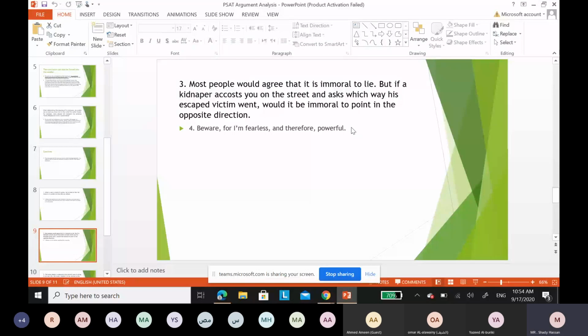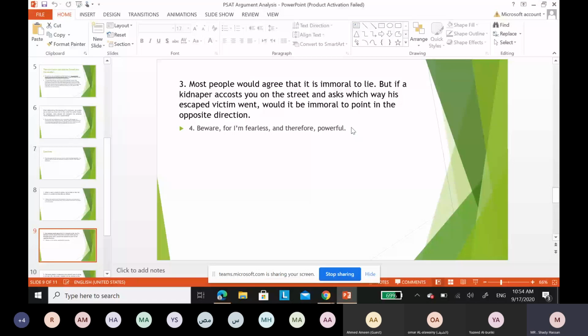Number four, beware, I'm fearless and therefore powerful. So where's the conclusion here? If you go back to what I told you before, you're going to find some words that always precede the conclusion.